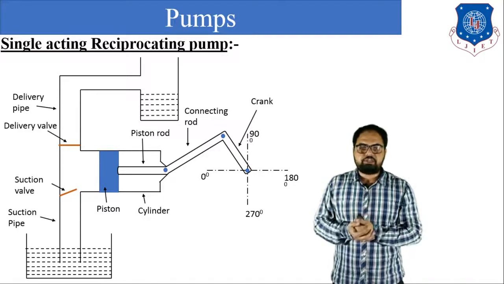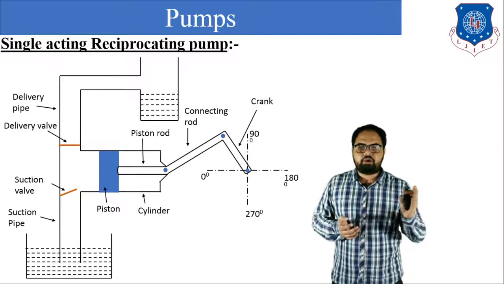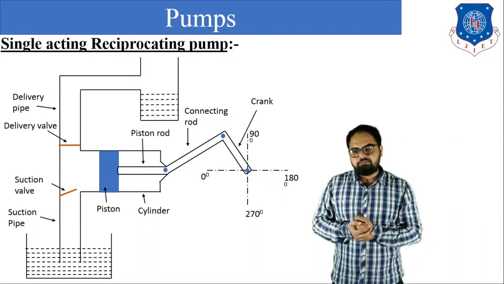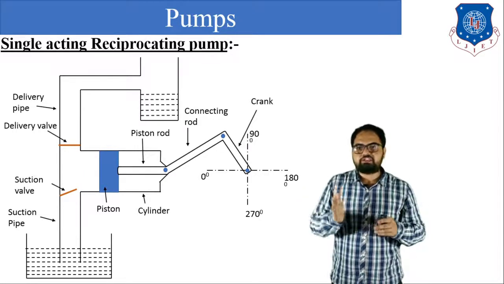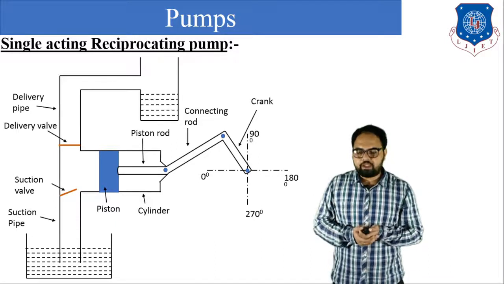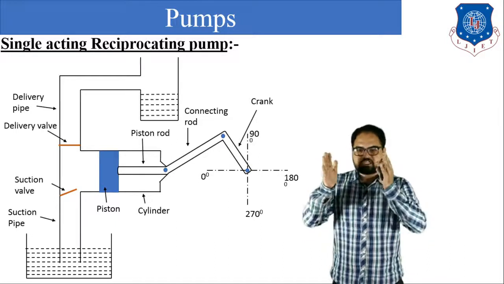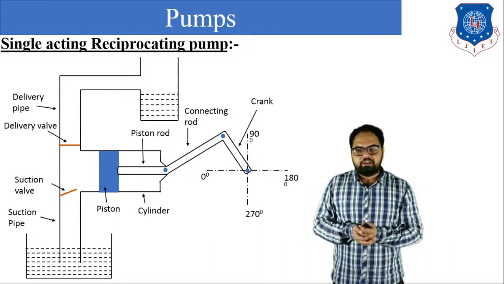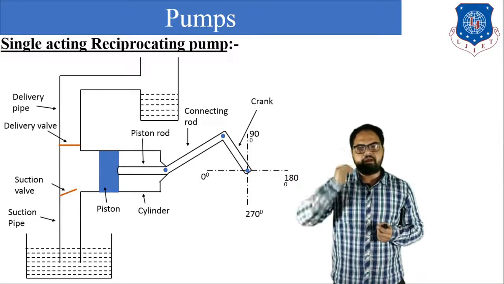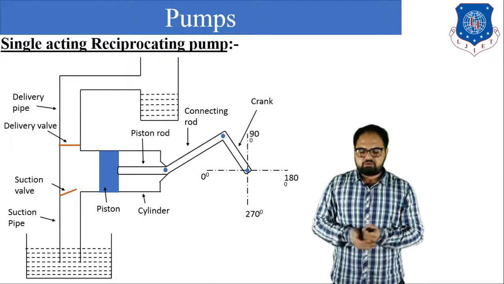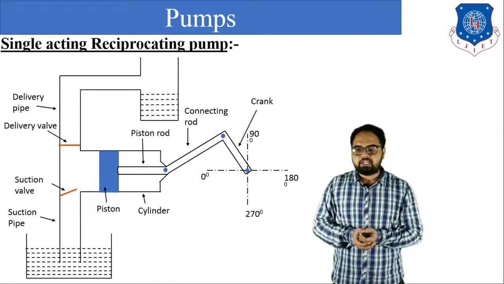The function of the piston is to reciprocate inside the cylinder, and conversion of rotary motion of the prime mover into reciprocating motion is done with the help of the connecting rod and crank. The discharge tank is used to store the liquid. The delivery pipe is used to deliver the liquid pumped by the pump.